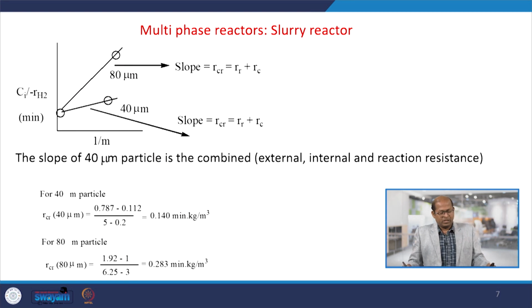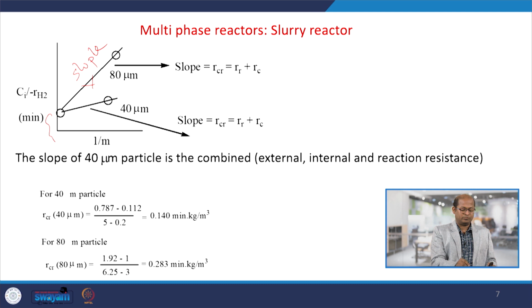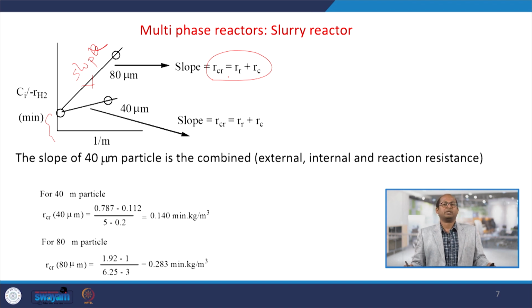Now from these graphs we can get the slope and the intercept. We discussed in our previous class that the slope equals the sum of the resistances, 1 by RC plus 1 by RR.